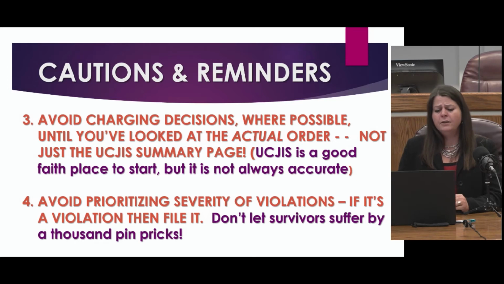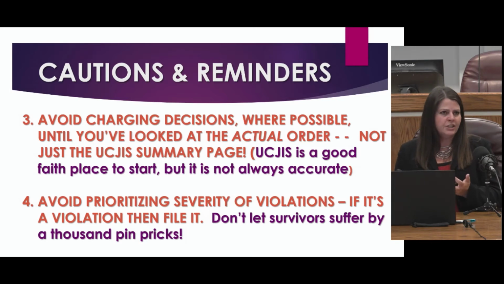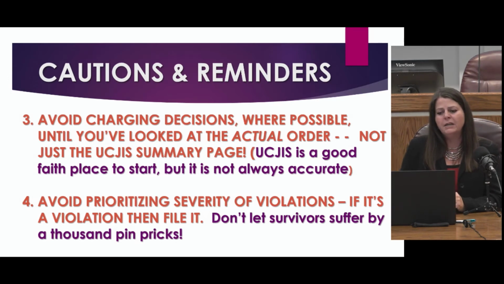And then try and avoid prioritizing the severity of violations. We all look for what's in the interest of justice, but just a reminder that domestic violence and the terroristic campaign of intimate partner violence includes 1,000 pinpricks of misery. And so you may have a violation of a protective order that just seems petty and very minor, but our survivors often get left to suffer and die by 1,000 pinpricks.